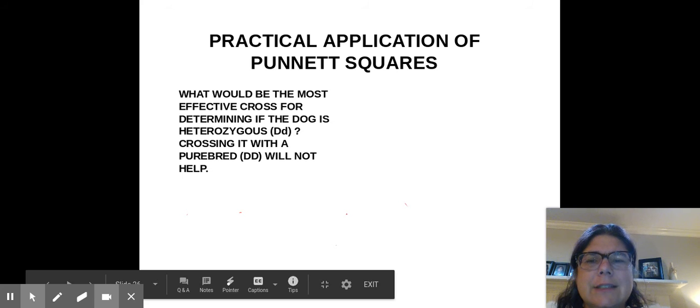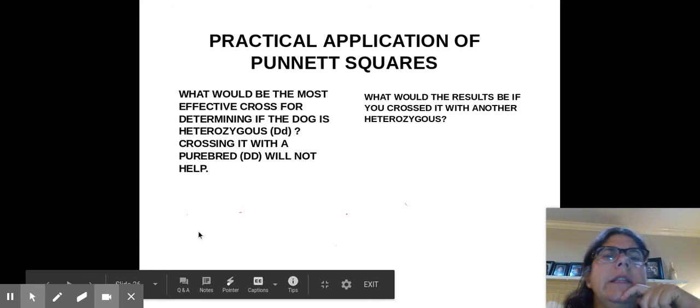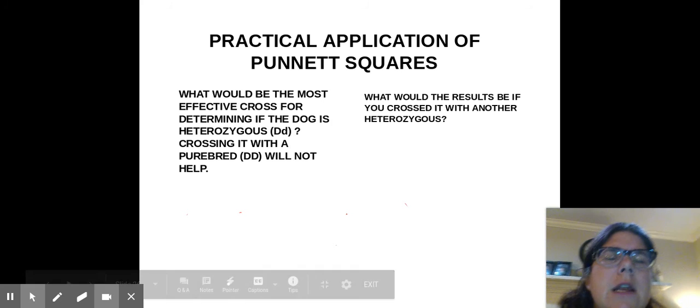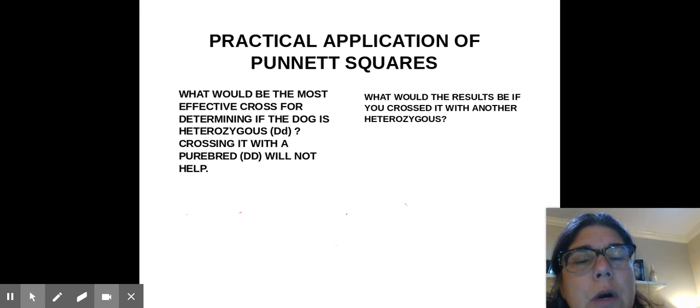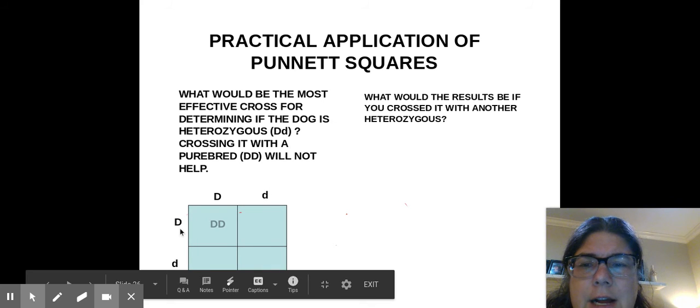Now, if it's heterozygous, crossing it with a purebred is not going to help because obviously we just said it's going to be tall. But we can think here, what would the result be if you crossed it with another heterozygous? Would we be able to tell? So let's try it.